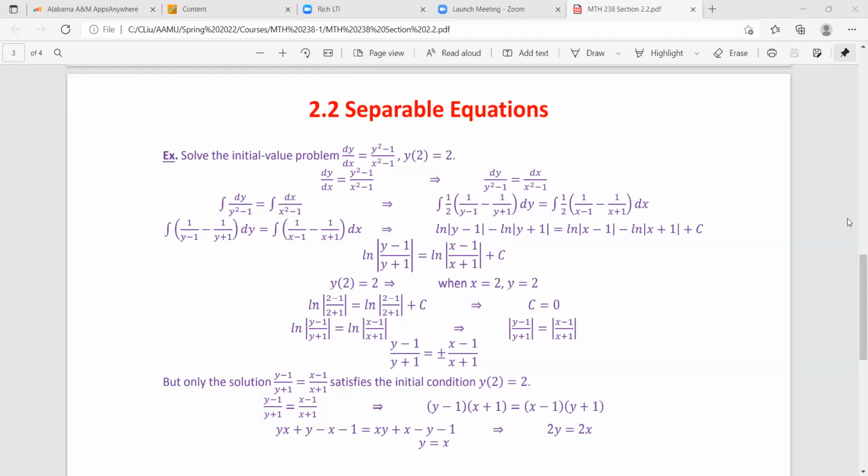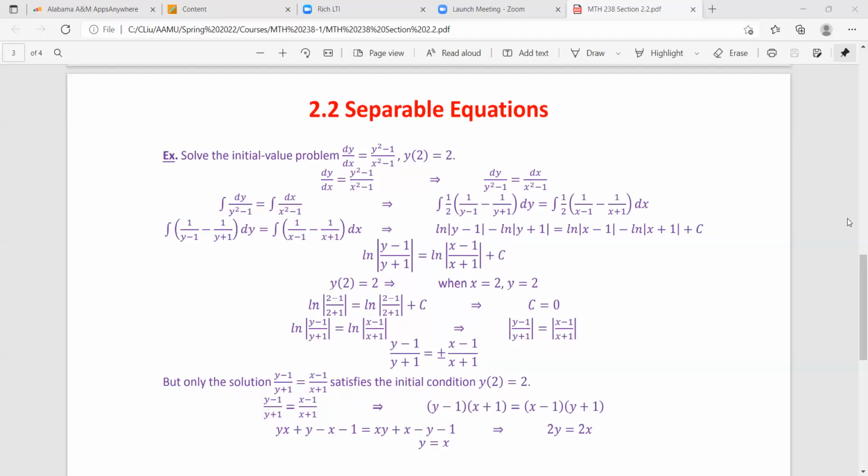Okay. So if you do that, that ends up with 1/2 times (1 over y minus 1 minus 1 over y plus 1). And you can easily check that by using the least common denominator of those two fractions, y minus 1 times y plus 1. And you're going to get 1 over y squared minus 1 if you do that.